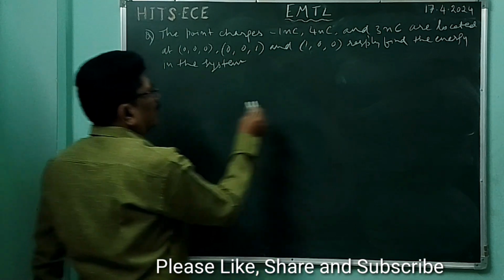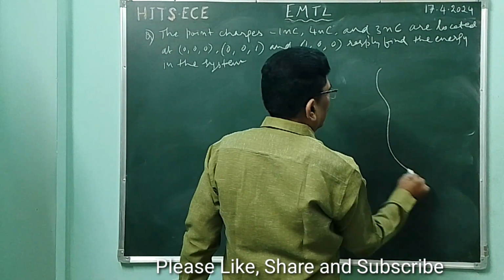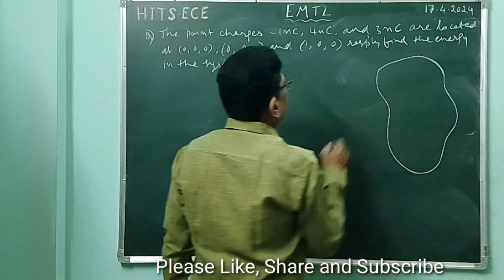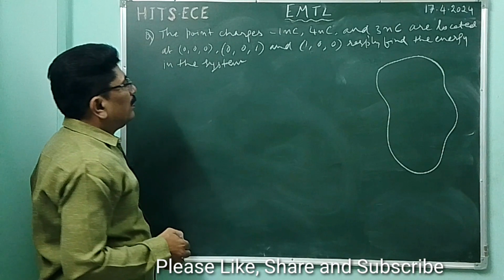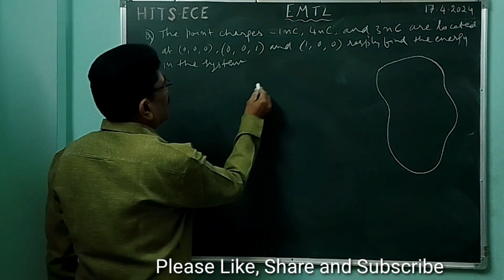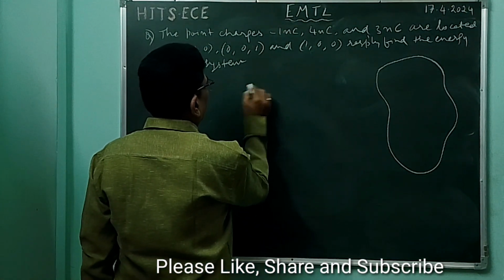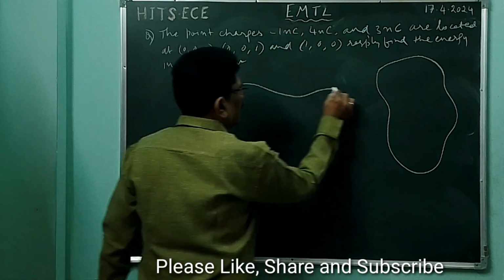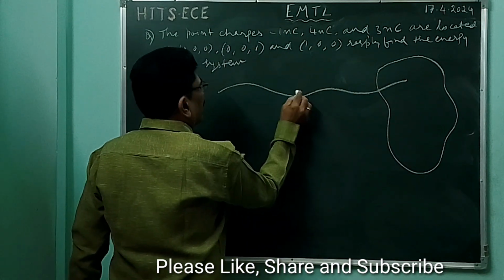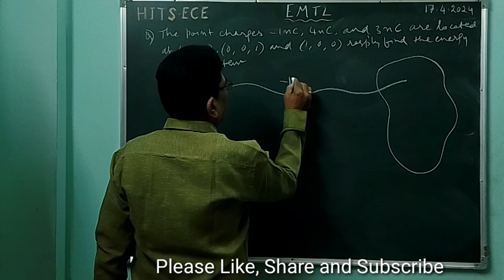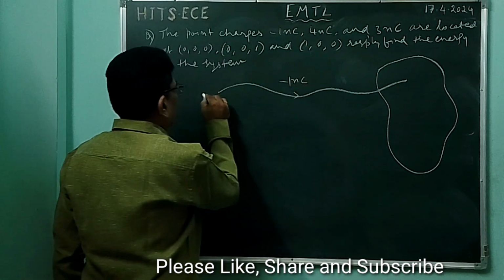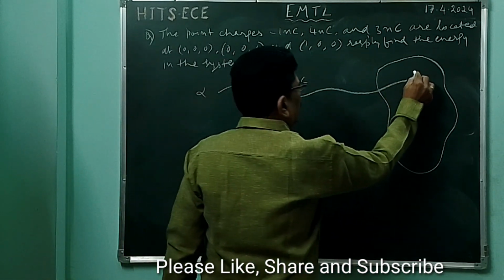So let this be empty space. Q1 is what? Minus 1. So minus 1 nanocoulombs from infinity to this position P1.